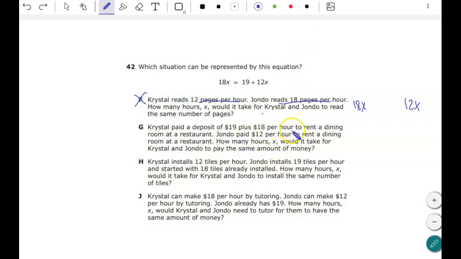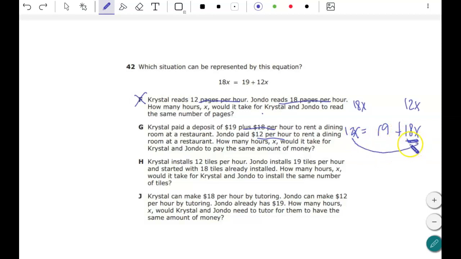Next one, Crystal paid a deposit of $19. Okay, so that could be that 19 plus 18 per hour. So that's Crystal, and then John Doe paid 12 per hour. So the problem there is this shows 18.